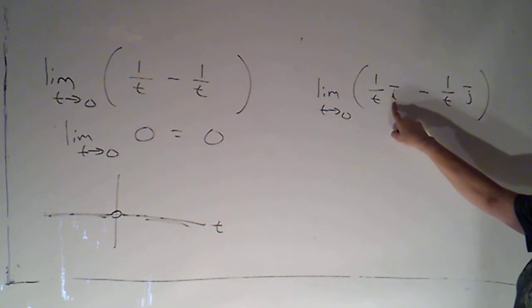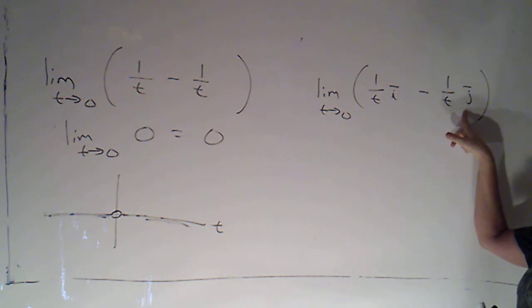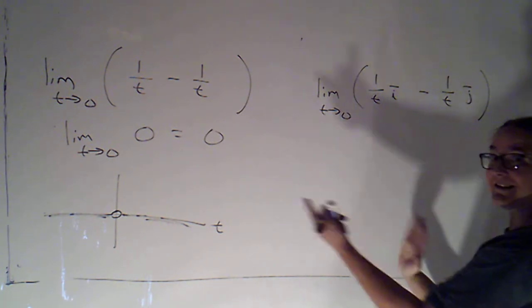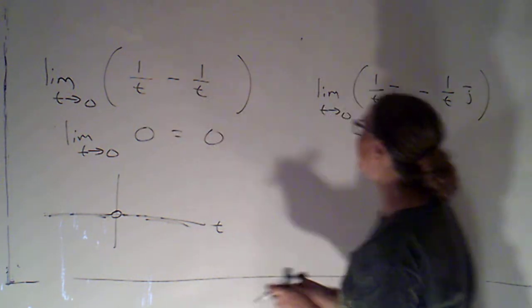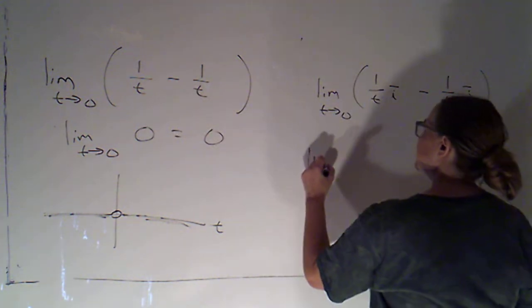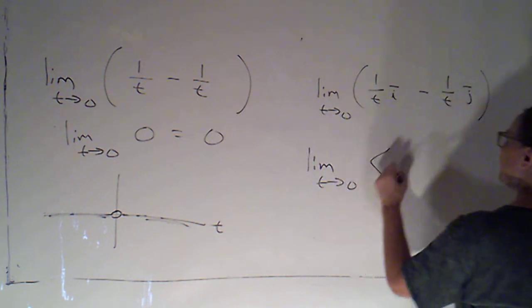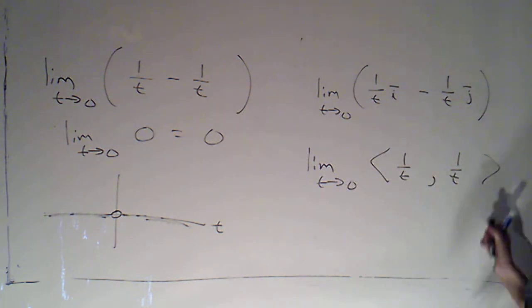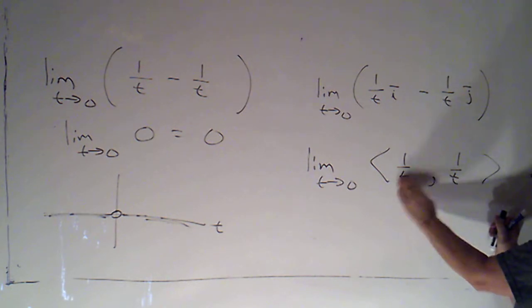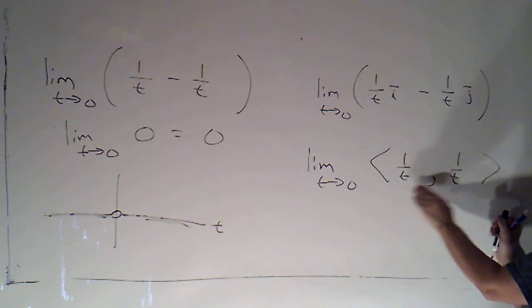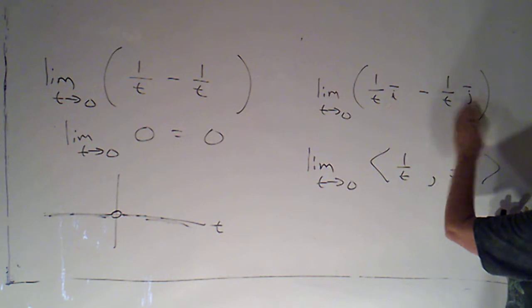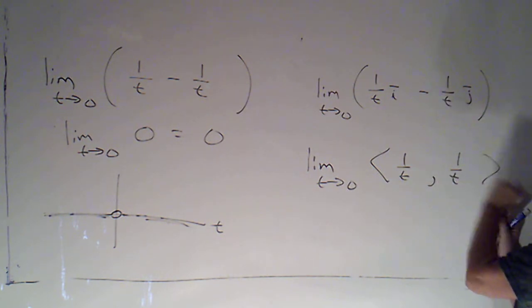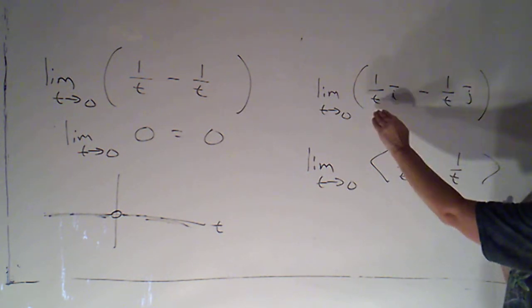Now here, I can't do that. These are i's, these are j's. Nothing's going to cancel out. I can't combine these. It's almost easier to see if I've written it in bracket form like so. I'm supposed to take the limit of this function and the limit of this function separately. Just because I wrote it in terms of i's and j's in subtraction doesn't mean I can combine these.